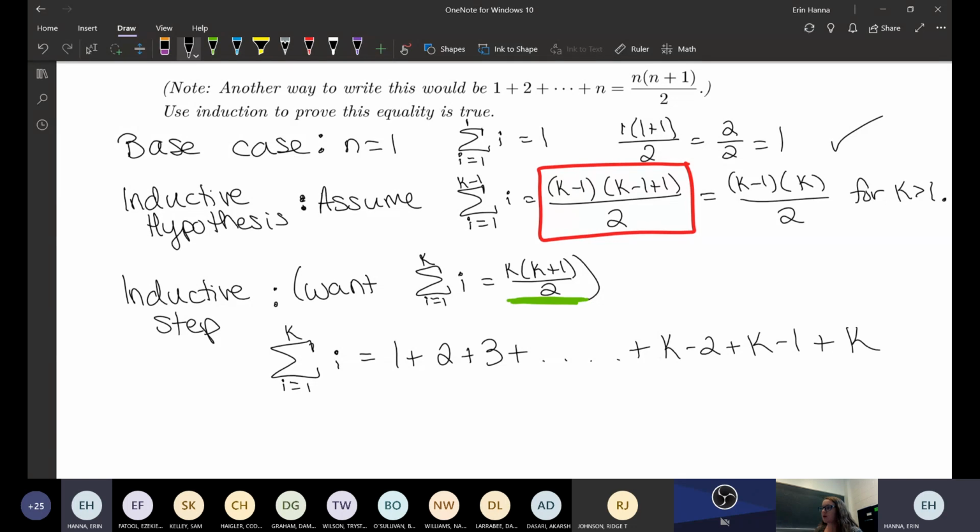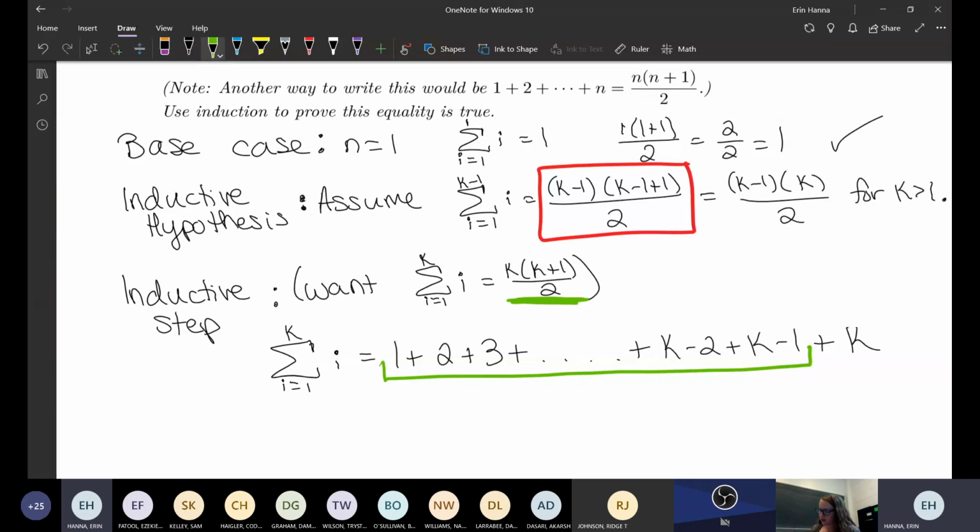That would be an equivalent way to format that, right? Now, if you notice, we have 1 through k minus 1 showing up there as well. So we're going to be able to take that entire piece that I've just underlined in green and replace it with the red piece from the thing above.